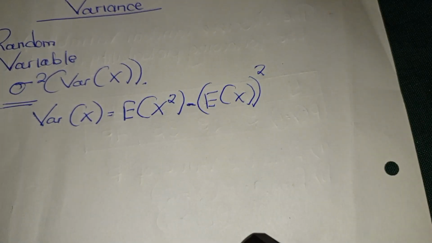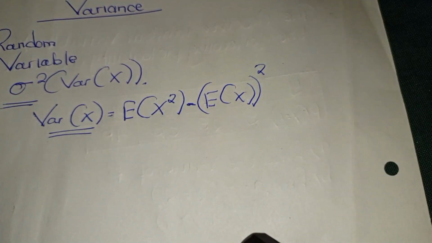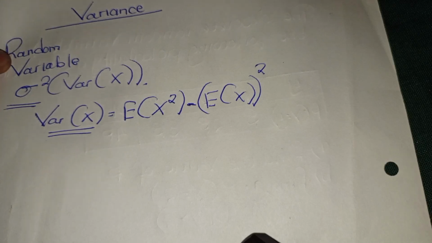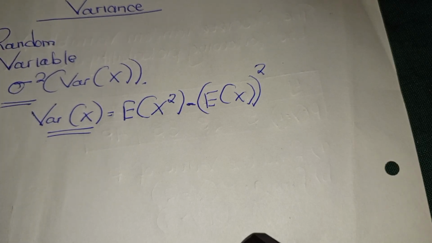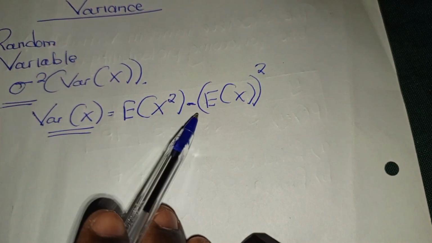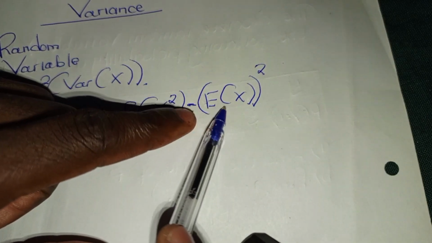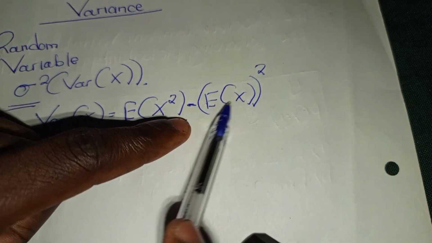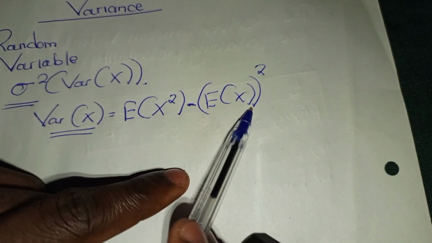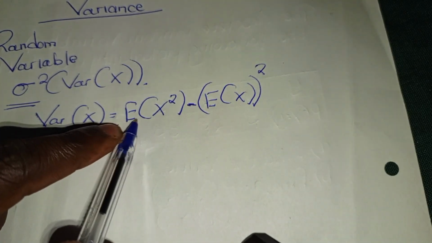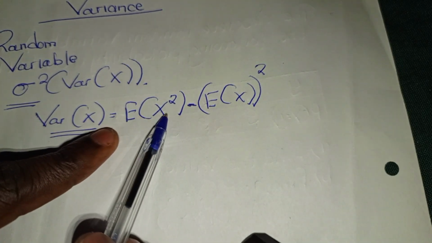So this is the formula that we use under variance calculation when we are dealing with random variables. The expectation of x squared minus, remember I have put two brackets here, which means when you find the expectation of x, you need to square it, then you subtract it from the expectation of x squared.